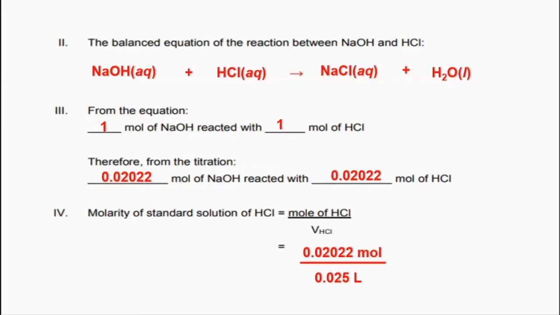Moles of HCl divided by volume of HCl, and finally, this is the molarity of your standard hydrochloric acid solution: 0.8088 moles per liter, or most of you will get a value close to 0.8 molar.